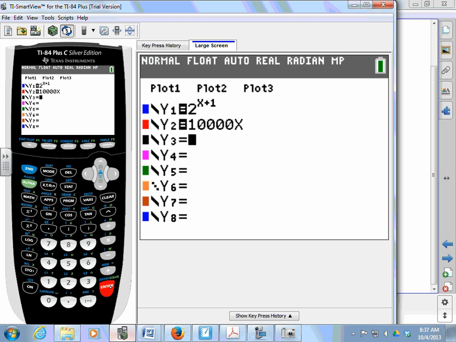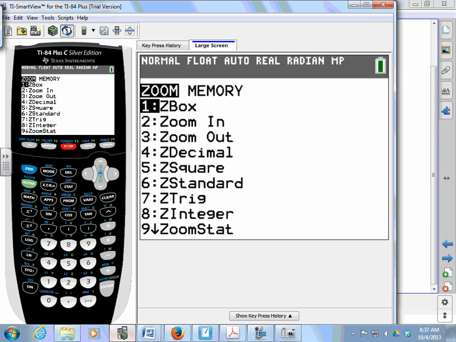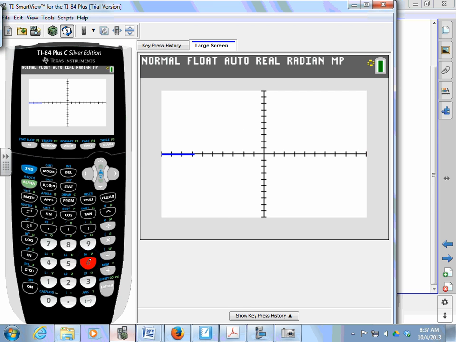Now this might take a little bit of work because when you say 10,000x, that thing's growing pretty fast, isn't it? Okay. And eventually 2 raised to the power of x plus 1 goes really fast. So let's see what happens if I hit zoom 6. All right, there's my first line there. There's the 2 raised to the power of x plus 1.